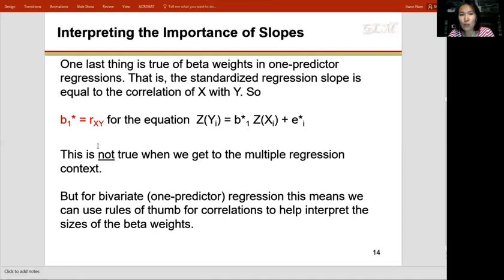So I want to explain the original formula first. Remember, this only works well in simple regression. This is not true when we get to the multiple regression context. I'll talk about it later.